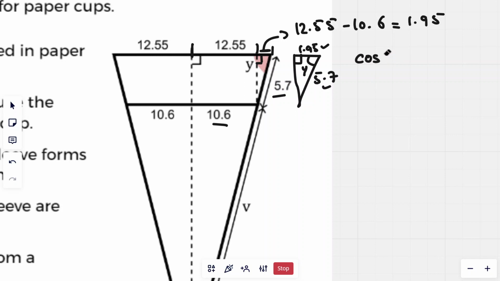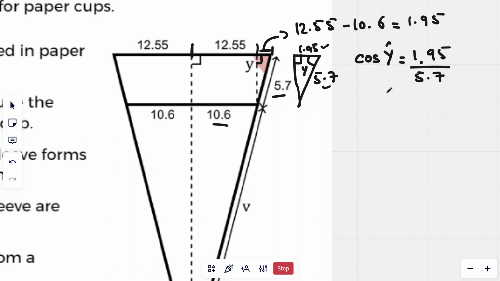So cos of the angle Y would be base, which is 1.95, divided by 5.7.